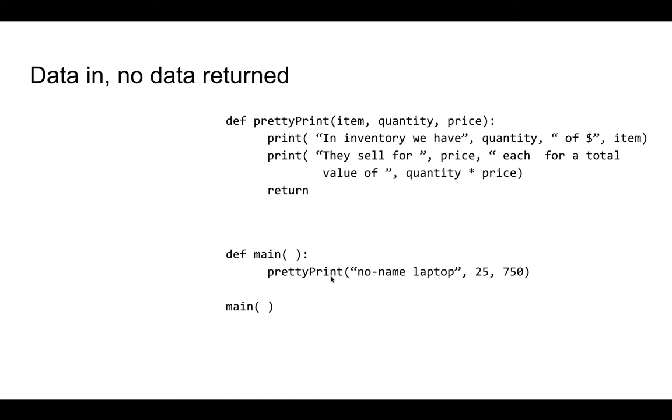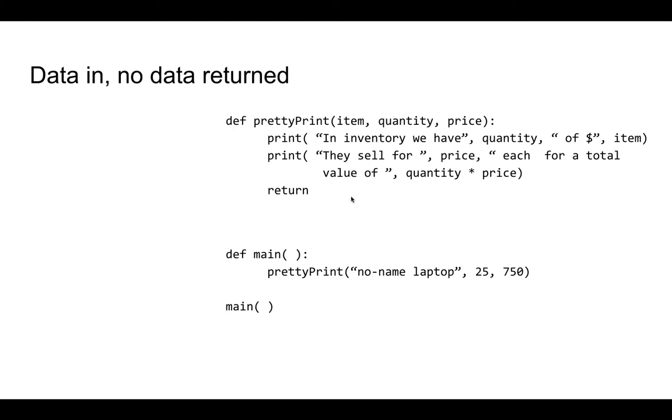When prettyPrint is called, 3 pieces of information present in the function call are passed to the three parameters in the function definition, giving those parameters values that are used during function execution.